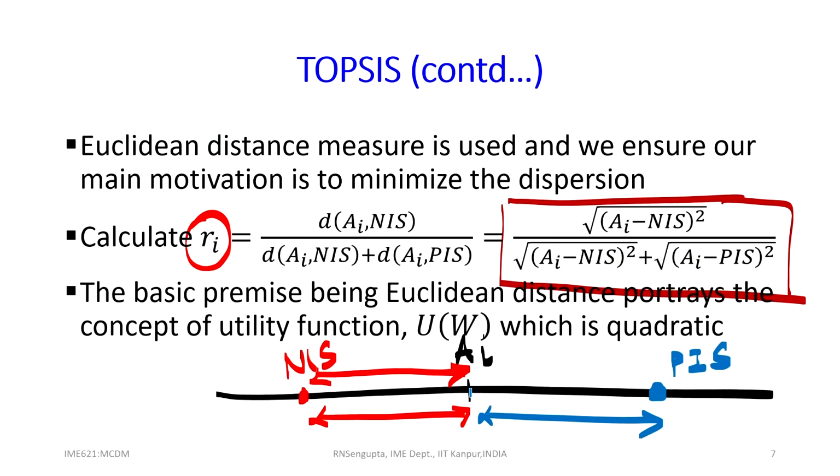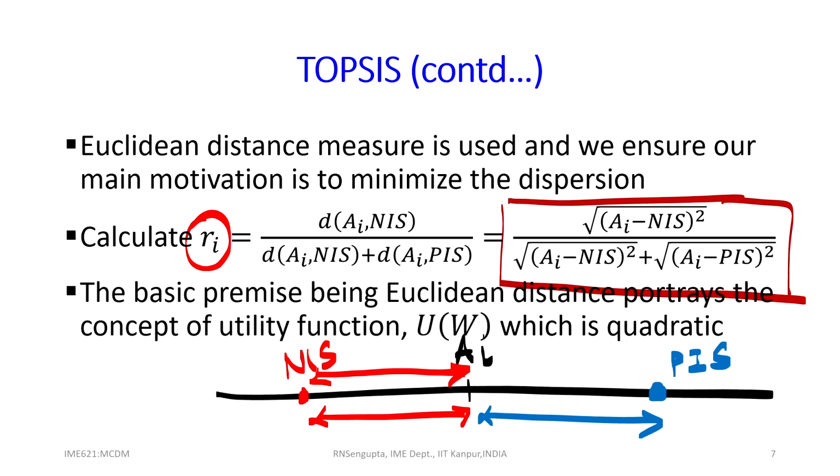On the other hand, if the value of Ai is as close as possible to PIS, then the distance concept is that in the numerator the value of PIS, because it is there on PIS only, will be 0, the second term in the denominator will be 0 and the numerator will be the ratio which will give you 1.